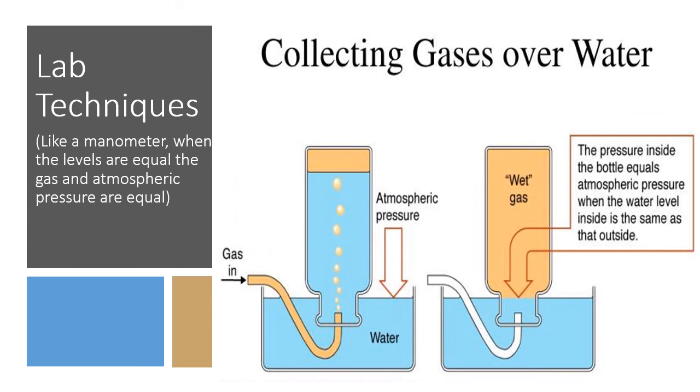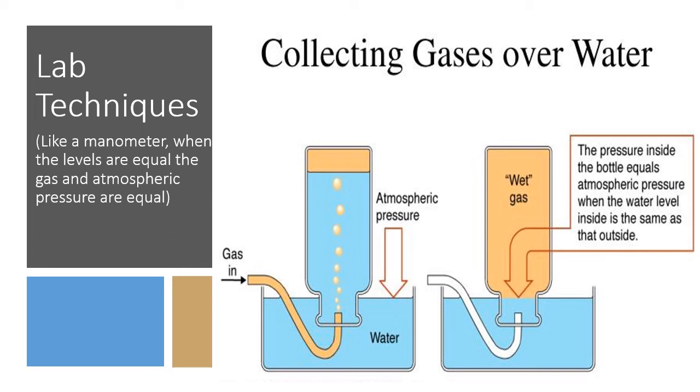Recall from our manometer lesson that when the mercury levels on the left side and the right side were equal, our gas pressure equaled the atmospheric pressure. And that's going to be similar to how this works. So what you can see on the left side is that the water in the collection vessel here is much higher than the water inside the tank. So our pressure inside our collection vessel is not going to equal the atmospheric pressure.